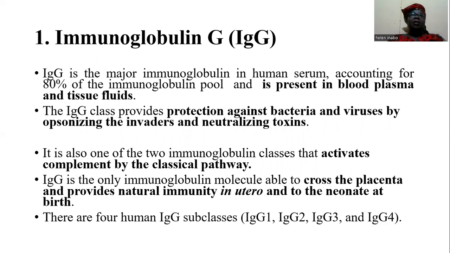It is responsible for providing protection against bacteria and viruses by opsonizing the invaders and neutralizing toxins. By opsonization of these microorganisms, they are marked for destruction by macrophages and neutrophils.